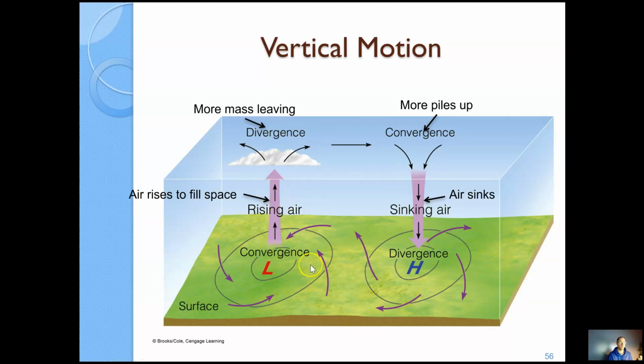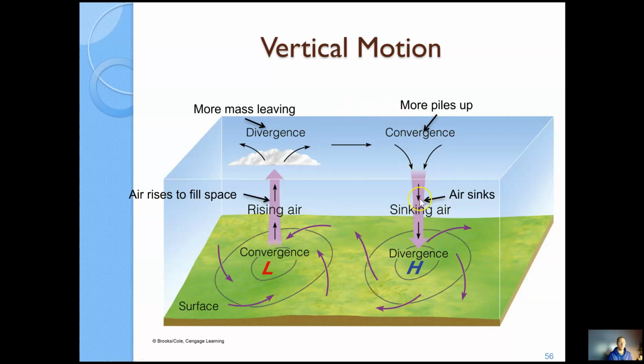We can sometimes then, when we find convergence at the surface, find divergence aloft. And as you can almost trace some of these arrows, we get kind of a cycle here. Think almost like our cells when we talked about our 3-cell model. And so when we have divergence at the surface, air spreading apart, something's going to fill in this void.